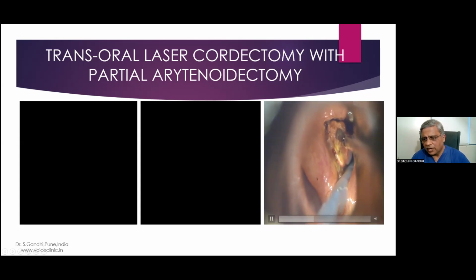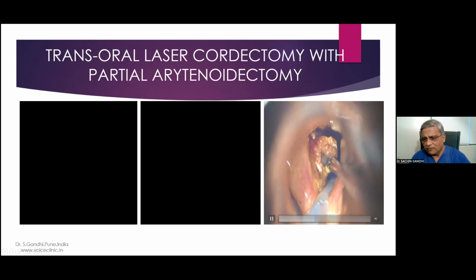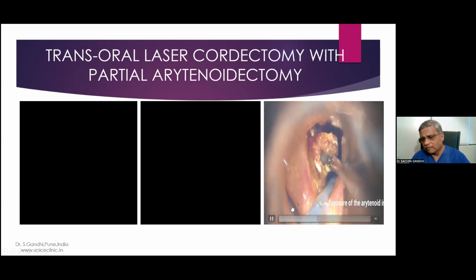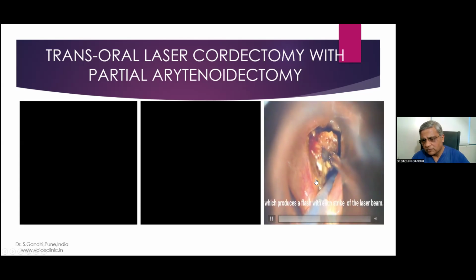We'll find posterior arytenoid artery here, which bleeds. You have to cauterize with unipolar cautery. The arytenoid is seen here as whitish tissue, which produces a flash with each strike of the laser beam.